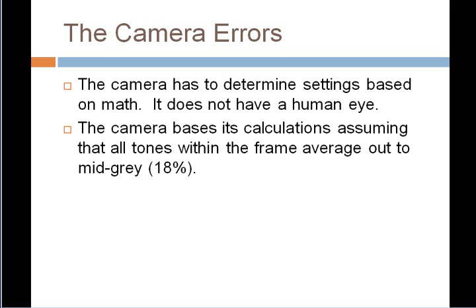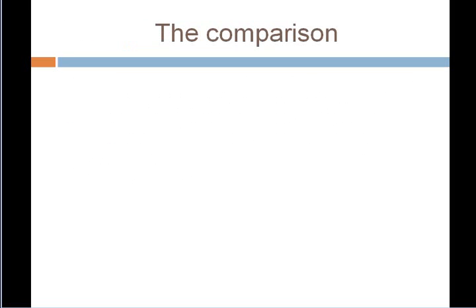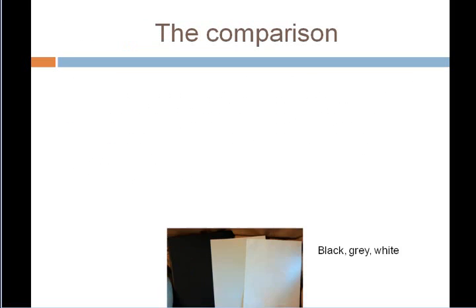You may have heard before to go out and buy yourself an 18% mid-gray card and take a photo of it at location. This is the reason for that card. The camera assumes that all tones in the frame average out to mid-gray, and I'm going to show you an example of that in this comparison.